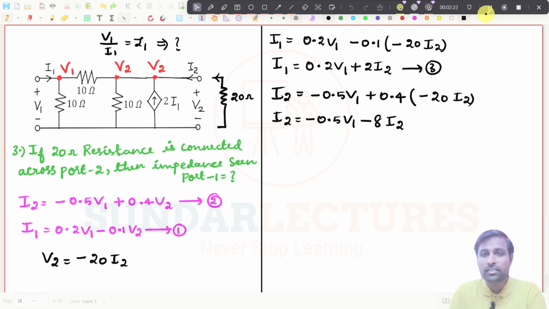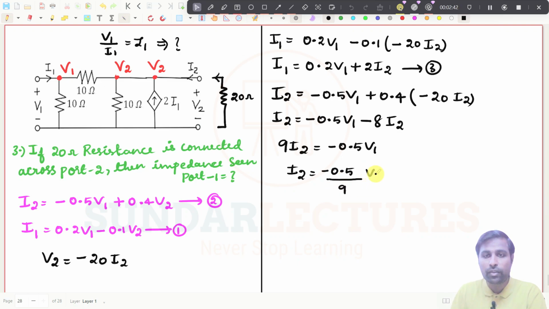So you can further simplify this one, right? You just bring this I2 to the other side, it will be 9 I2 equal to minus 0.5 V1. And if you further simplify this, I2 will be equal to minus 0.5 divided by 9 into V1. So if you simplify this, you will get minus 1 by 18 into V1.